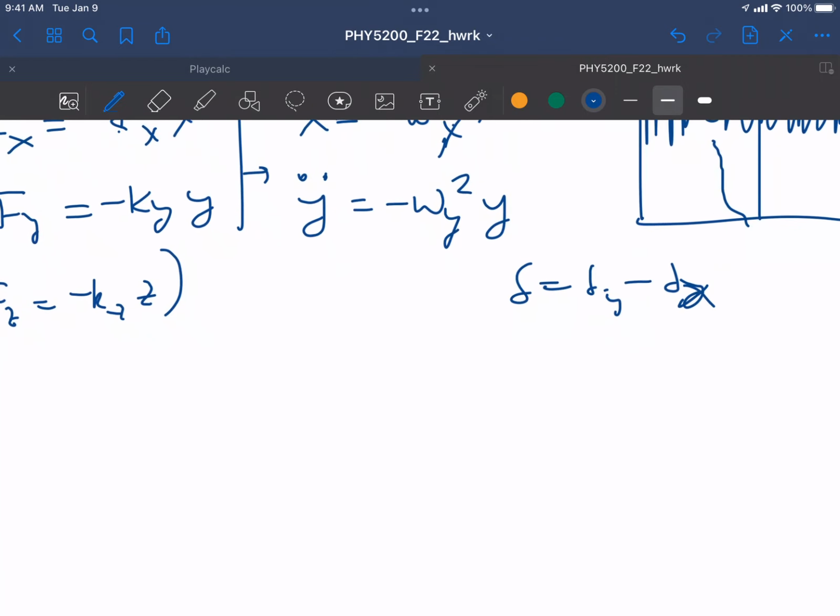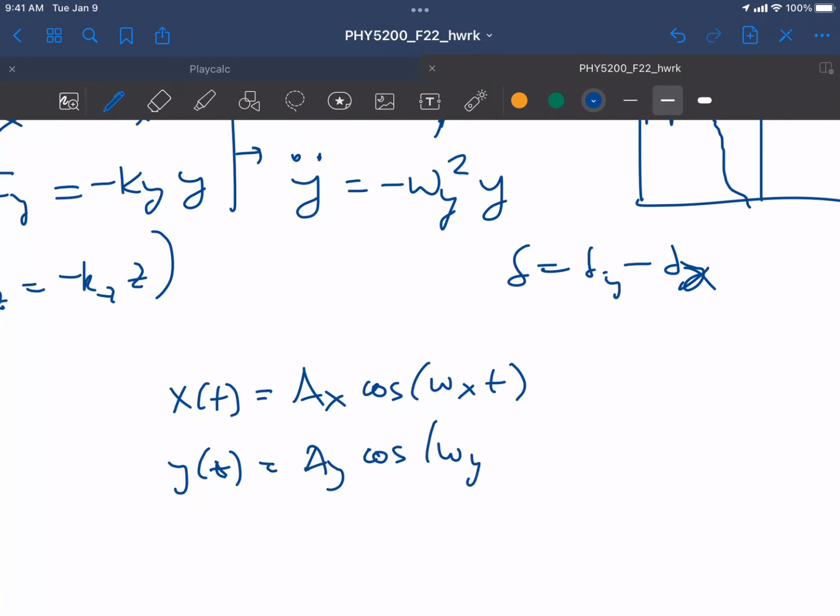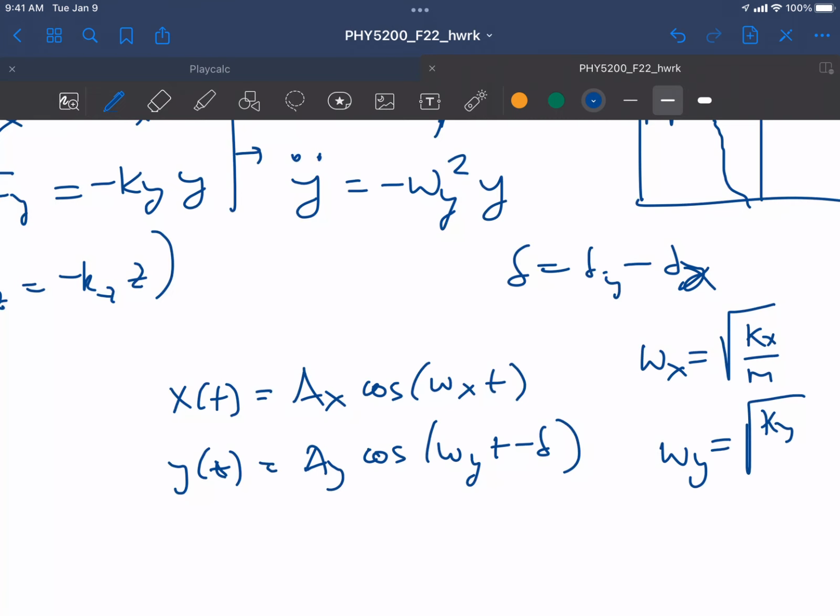And then we get the solutions x of t is equal to ax cosine omega x t, and y of t is ay cosine omega y t minus delta, with omega x being the square root of kx over m and omega y being the square root of ky over m.